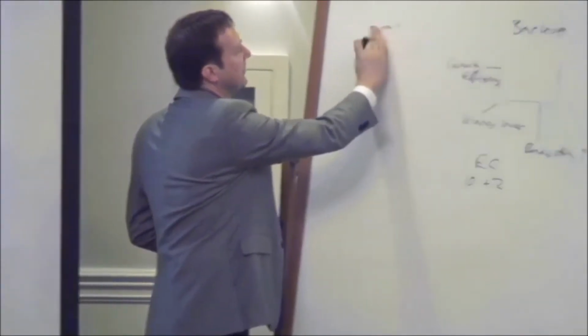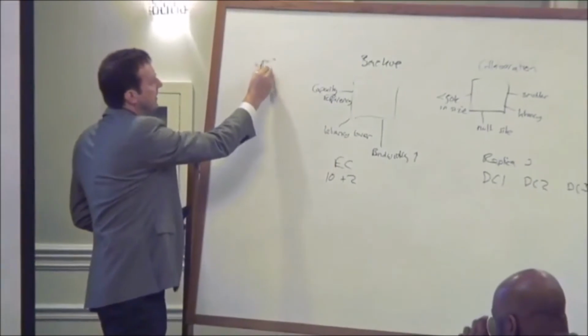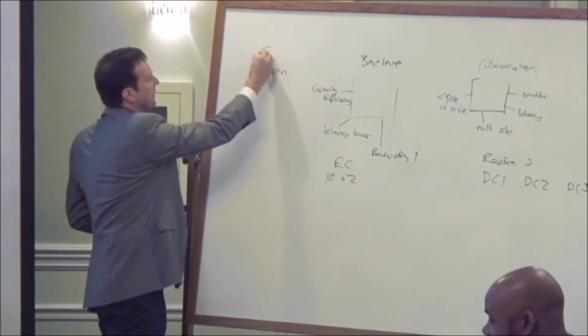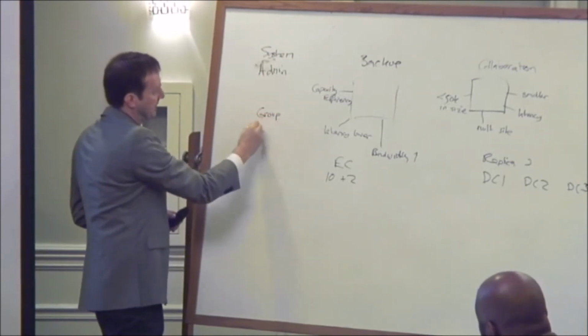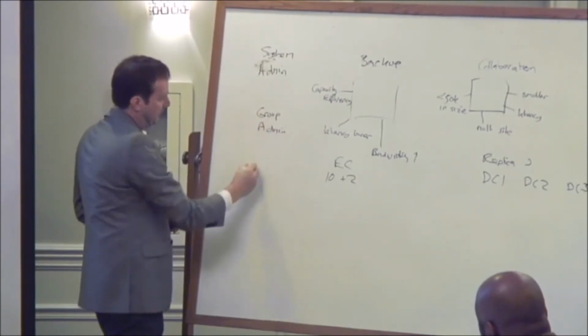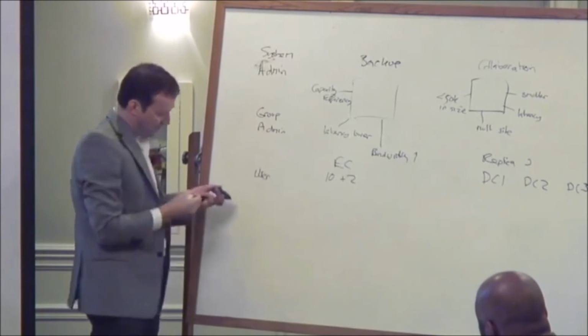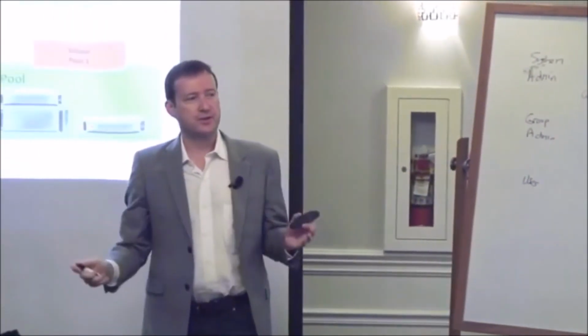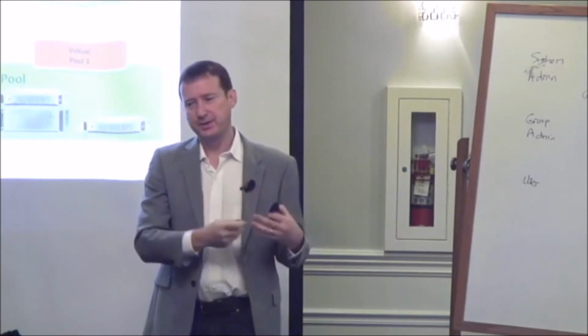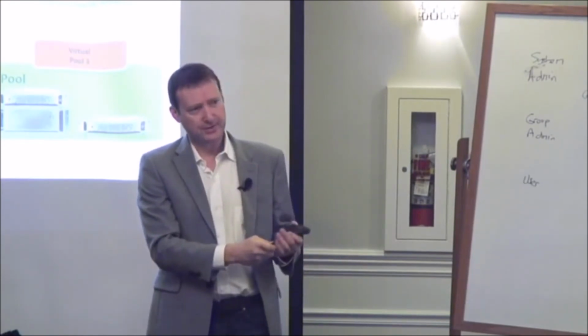That's exactly right. So that is the absolute key thing. So effectively we have multi-levels of admin. We've got a system admin level, we've got a group admin level, and then we've got a user. And what your system admin level is able to set is what the infrastructure can support. So the type of policies that you actually think are supported within the infrastructure itself.